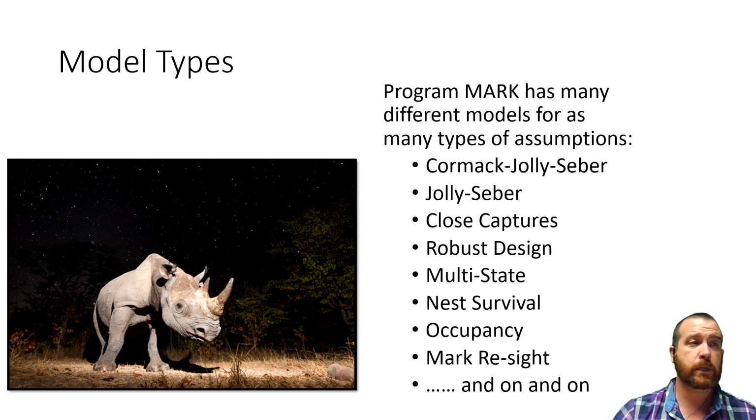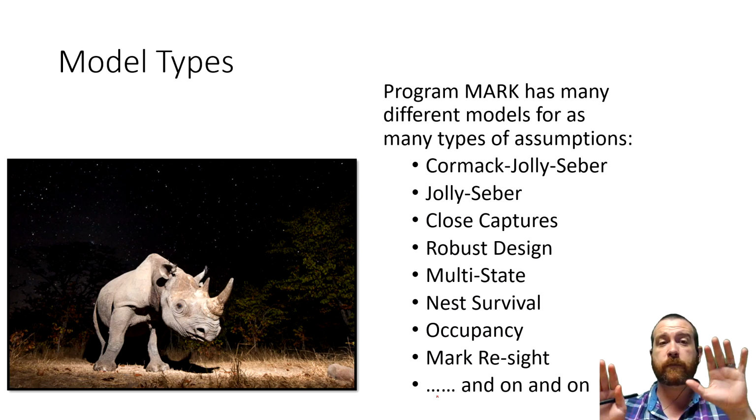Program Mark is a program that is just designed, it only does one thing, and it makes mark recapture models. Whether we're talking about a mark recapture model like Jolly-Seber or the Lincoln Index that we just talked about, there are lots of other versions of this, right? Maybe you want to make adjustments to say, all right, I expect this set of data for males and this set of data for females.